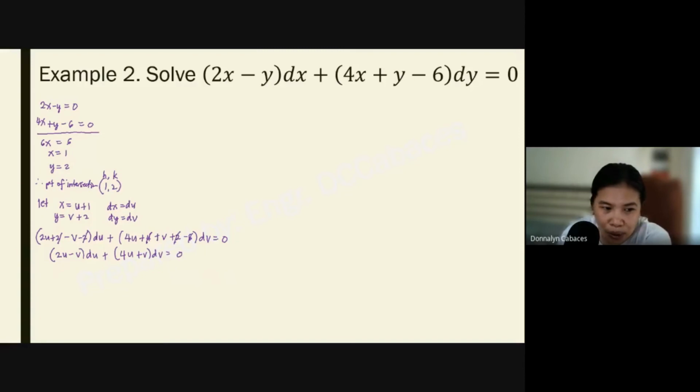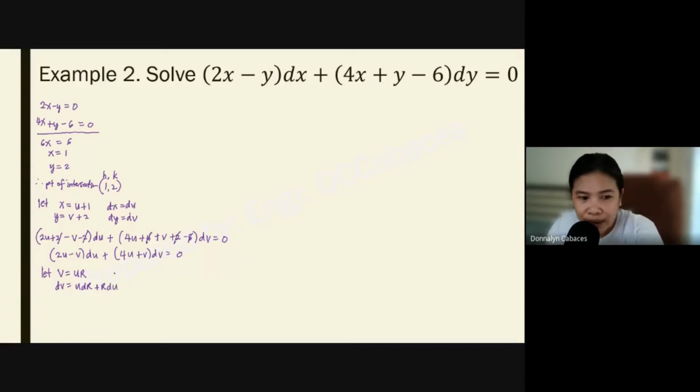So let us introduce again the variable r. Let v equal ur. Therefore, our dv is u dr plus r du. Okay? So we now substitute it here.